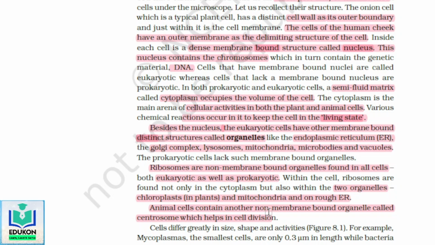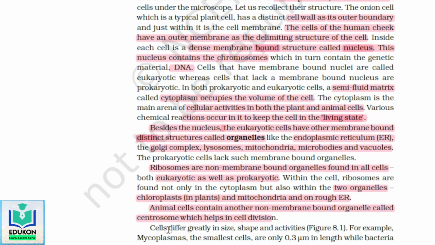We also studied the ribosome being present in other membrane bound organelles such as chloroplast in plants, mitochondria and rough endoplasmic reticulum. But there is another non-membrane bound organelle called centrosome. Remember, these are present only in animal cells, which helps in cell division.